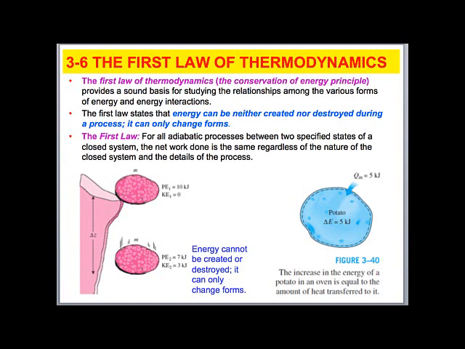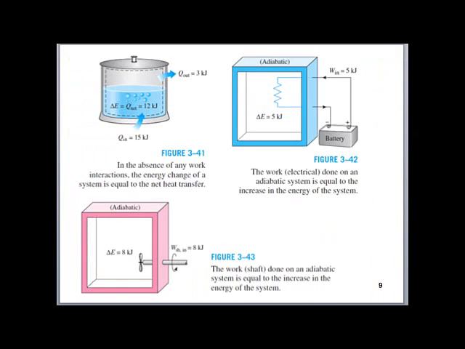We see a nice example here: potential energy of a boulder being converted into kinetic energy. Even if it's moving, the total is still 10 kilojoules. We cannot lose energy, and we cannot add energy to the system. We can only change forms. So here's an example.